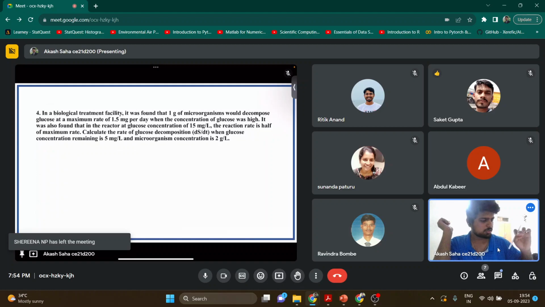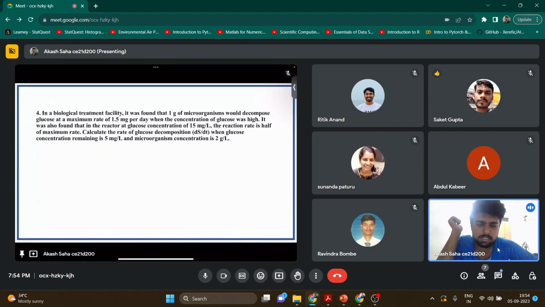Okay. So this is another problem. This problem is related to the Monod kinetics. So we have a reaction, or rather an equation related to Monod kinetics. So please take a screenshot of this problem. Try to solve it. I will tell the answer in the next class.